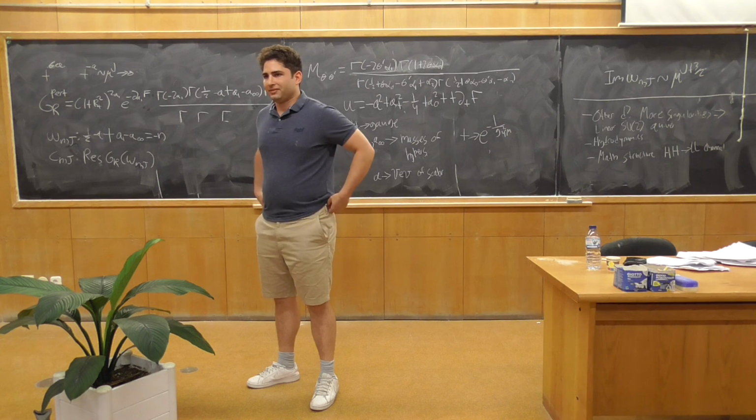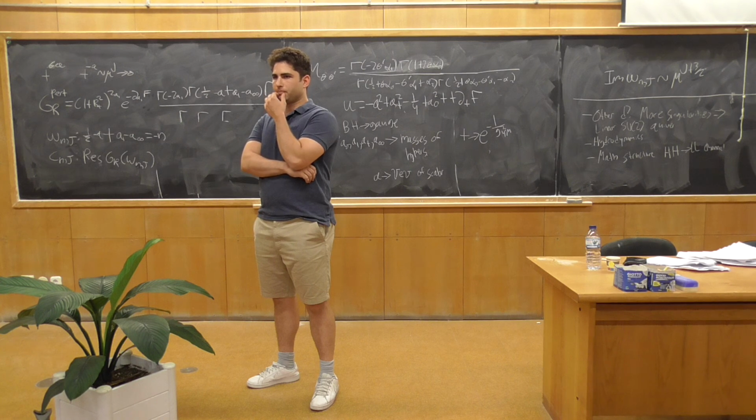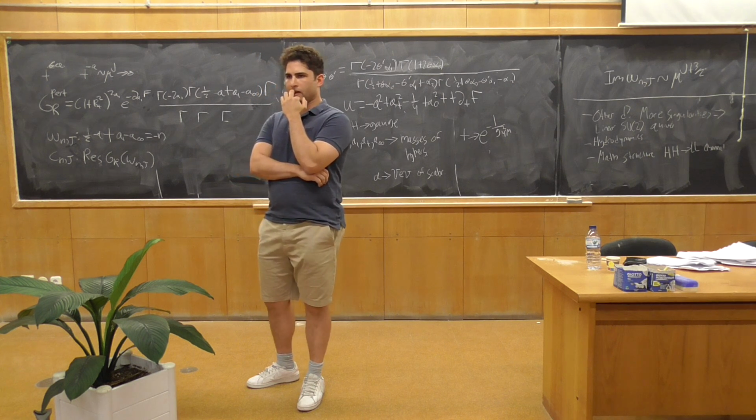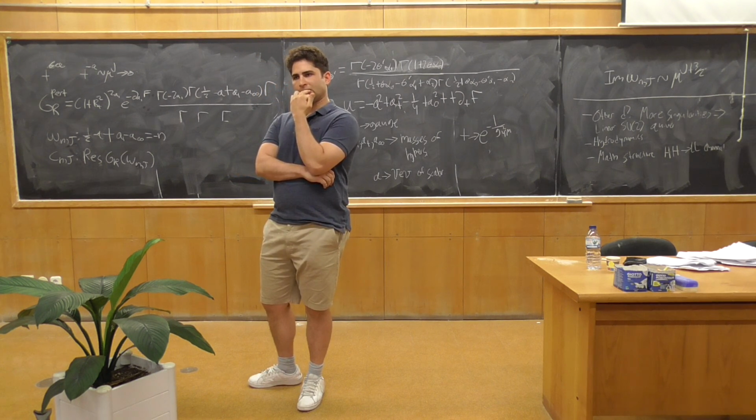Another question is that when we study heavy-light, we interpret the heavy operator as a sort of black hole in the bulk, but it's really not necessary. You can be adding a non-trivial background rather than a black hole because you only probe the asymptotic region of the geometry. But now you're calculating the quasi-normal modes, which really probe the region very near the horizon.